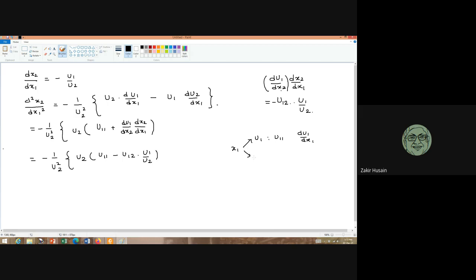When x1 changes, because we are on the indifference curve, x2 will change, and this will lead to a change in u1. So what is the impact of a change in x2 on u1? This is the direct effect, this is the indirect effect via x2.